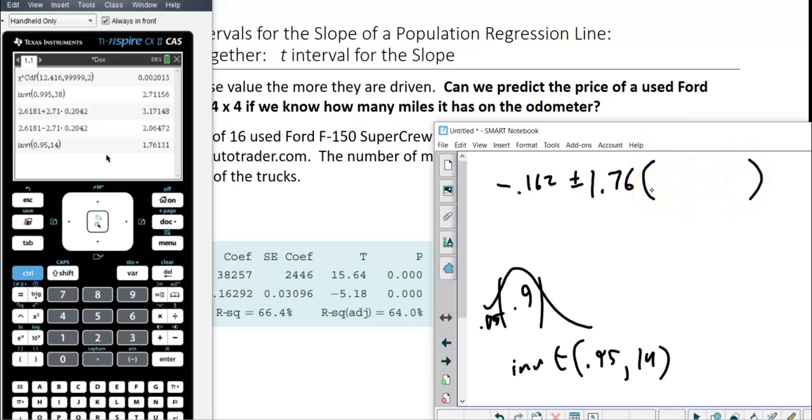And the number next to the slope is 0.03096.